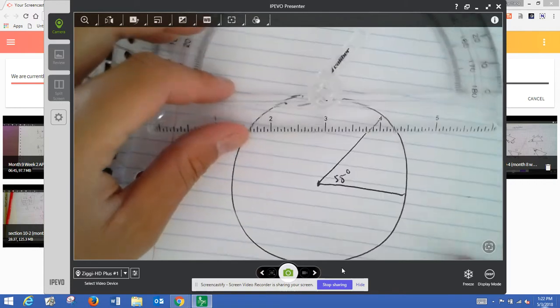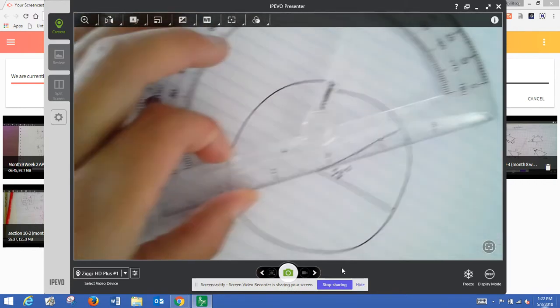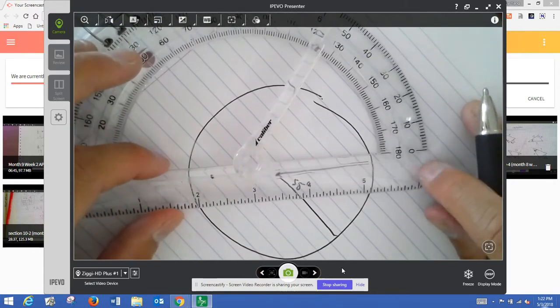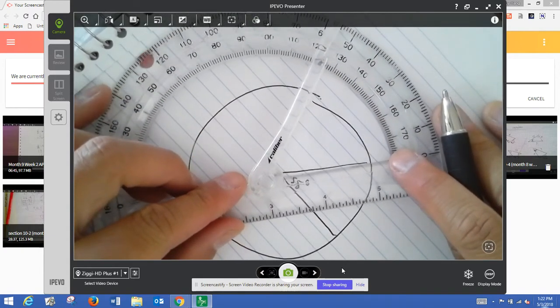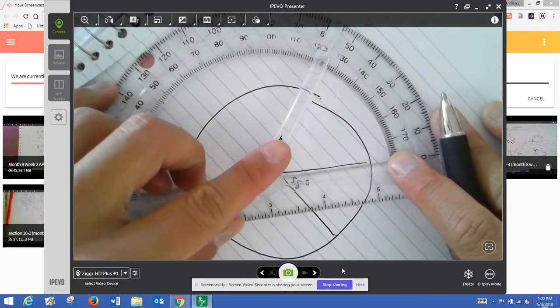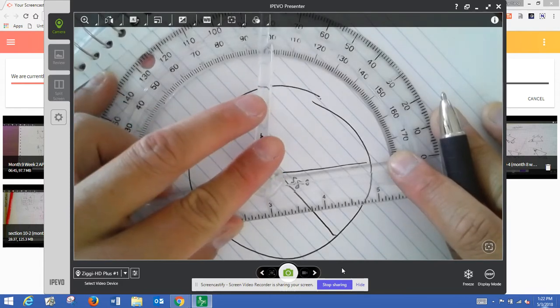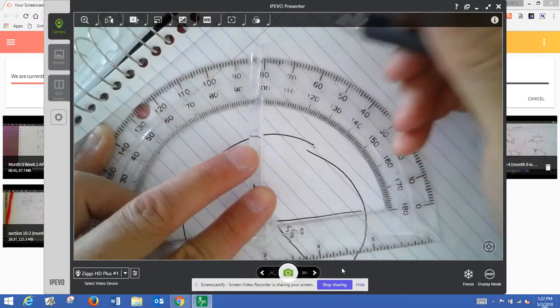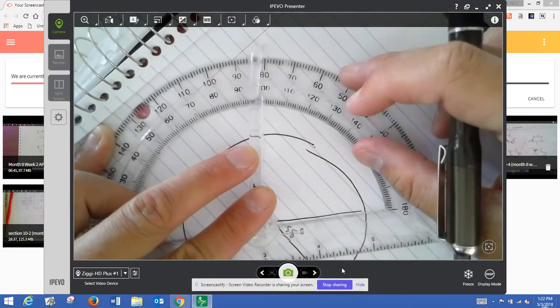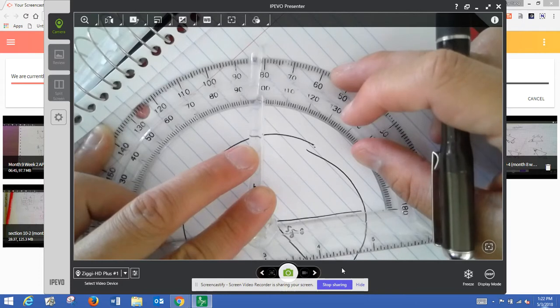Go ahead. And let's draw another angle. Let me draw another one from here. How many do we want to draw up to, guys? Do you guys see my protractor? We're on 80 degrees right now. How far up do you want to go? 270? Please don't do that. How about less than that?